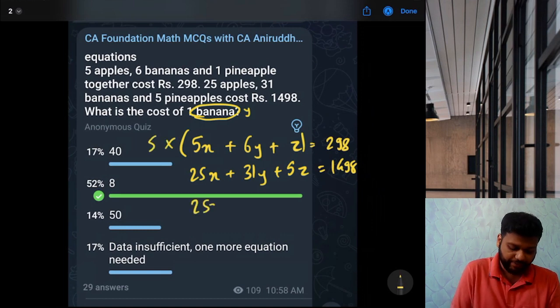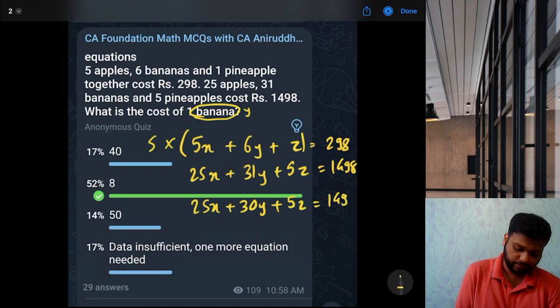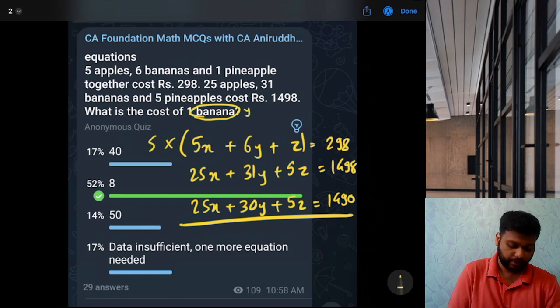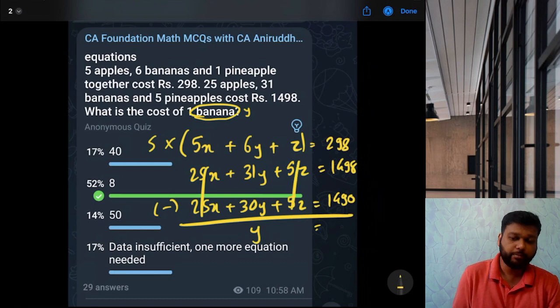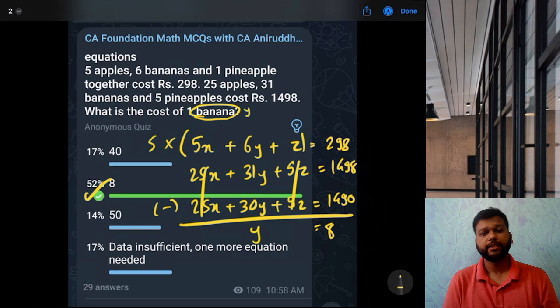It will be 25x plus 6 into 5, 30y plus 5z is equal to 298 into 5. 298 into 5 is how much? 1490. Now if you observe, if we do this minus this, 25x will be cancelled, we'll have y, z will be cancelled, is equal to 8. So y is 8, that means cost of banana is 8, that's it.